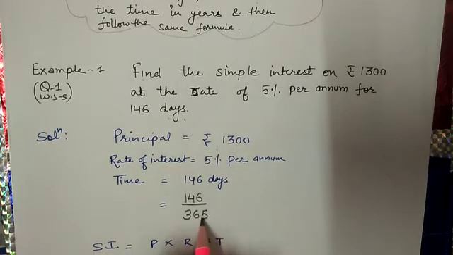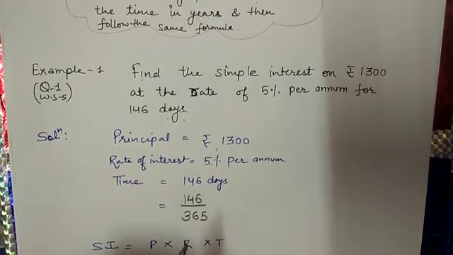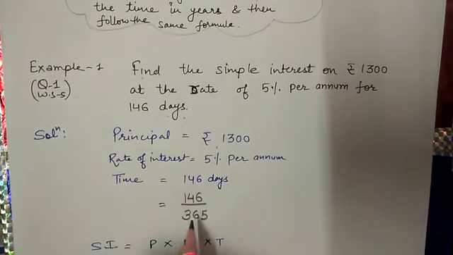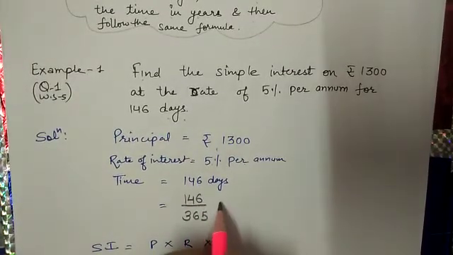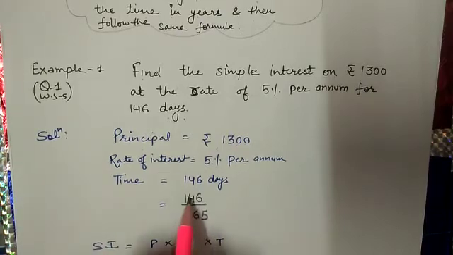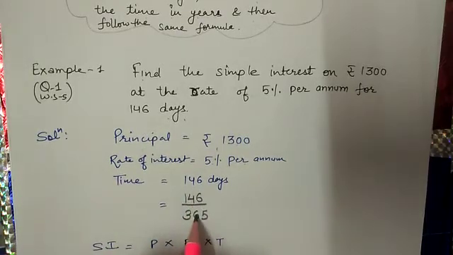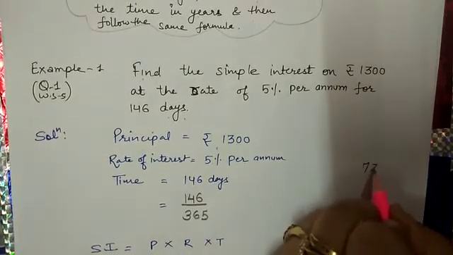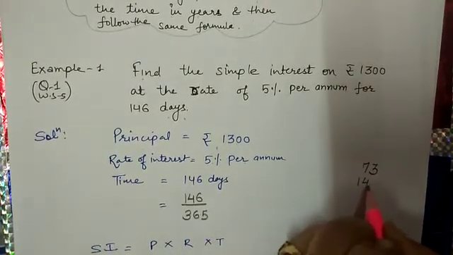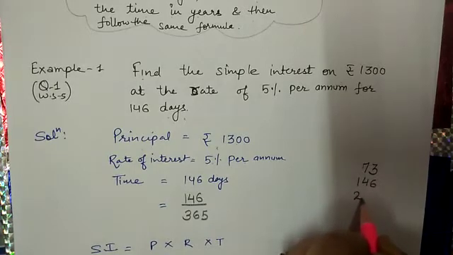Normally, when it is not mentioned that the year is a leap year, we will always divide these days by 365. And students, always remember these numbers are the multiples of 73. I am writing here the first 5 multiples of 73.